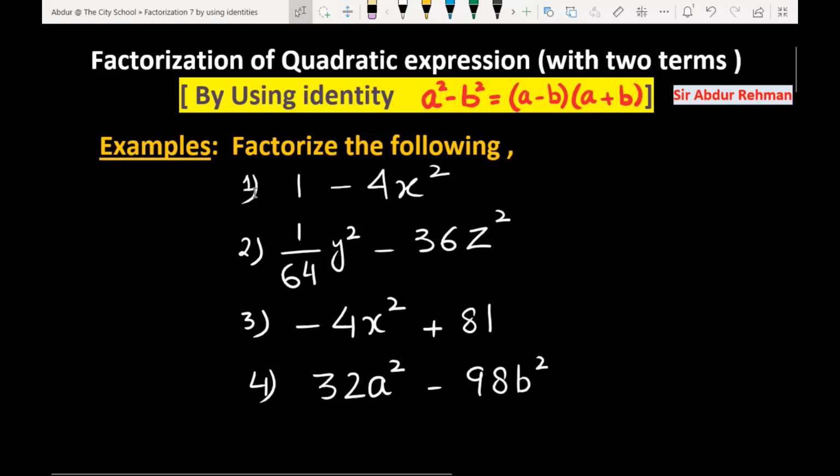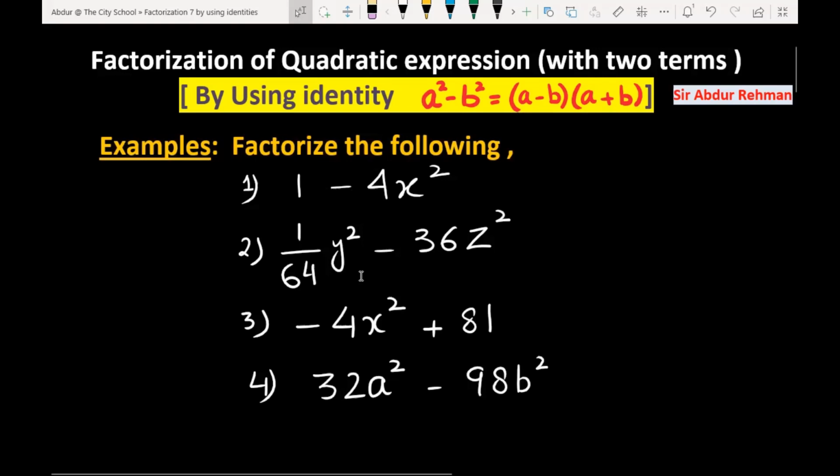Like taking example number 1. In this example, the square of 1 is 1, the square of 2 is 4, and the square of x is x square. So 1 minus 4x square, 1 and 4x square are perfect squares here. I'm going to factorize these types of examples one by one.